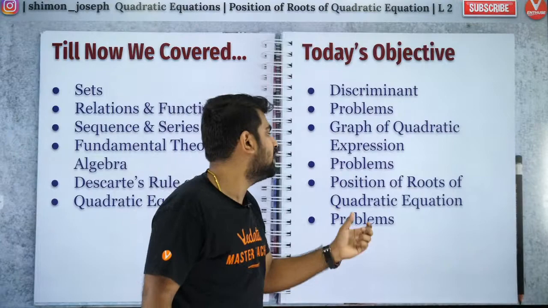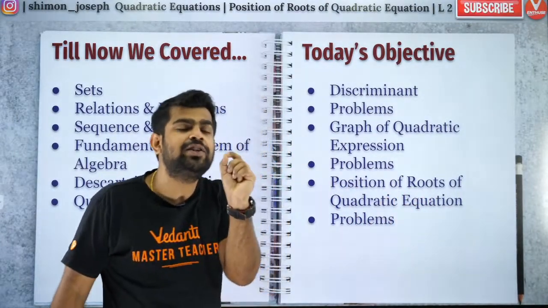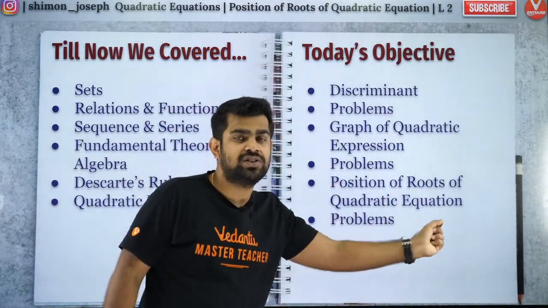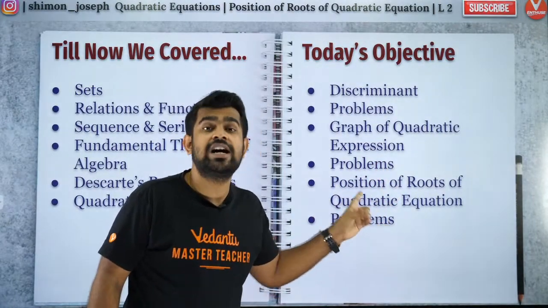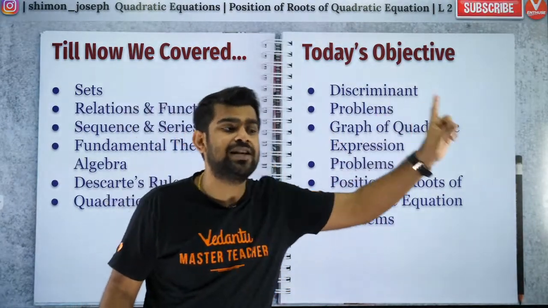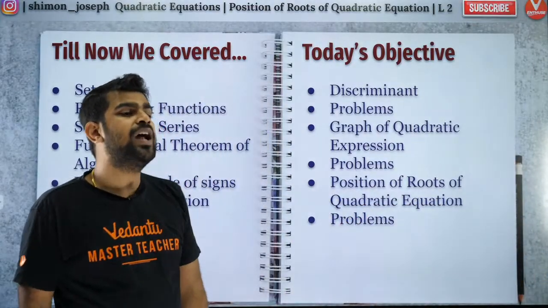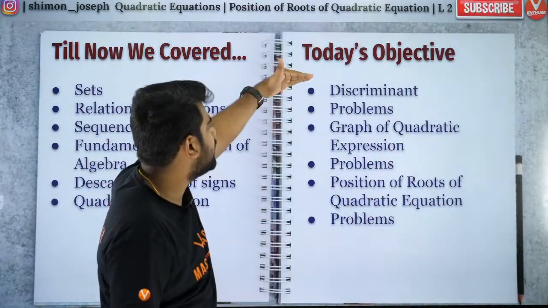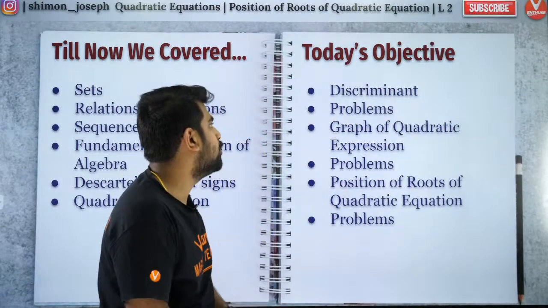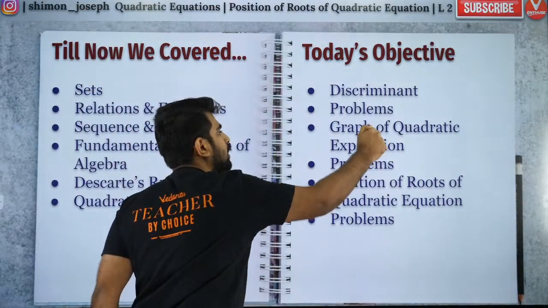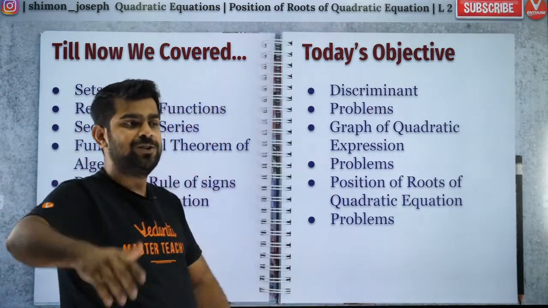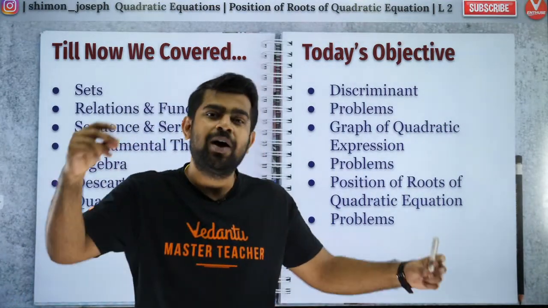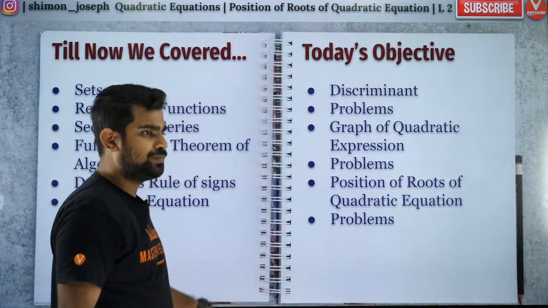Very interesting topic. And finally, I'll give you an introduction to position of roots. Very good concept. Very important for JEE Mains and JEE Advanced. I will teach you in detail in the next class also. Got it? How many of you are excited for today? Discriminant, graph, and position of roots. I am very excited for graph because graph is probably the most important concept today. Let's get into it right away.